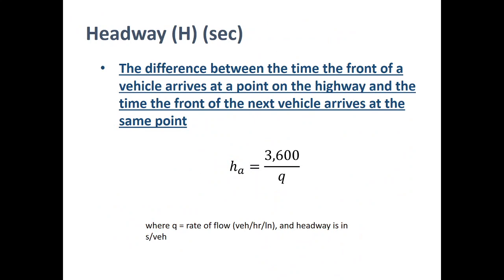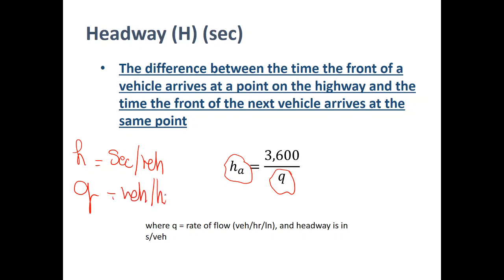Remember guys, when we talk that we can transfer between different values, we have a relationship between the headway and the volume. Well, since headway is in seconds per vehicle and the flow rate is in vehicles per hour, and we have 3600 seconds in an hour, then you're going to notice that they are an inverse relationship.